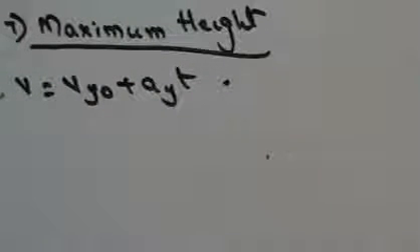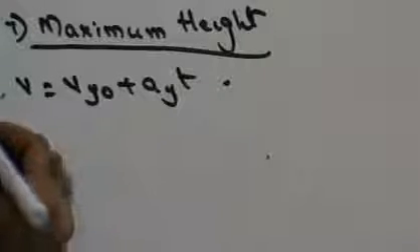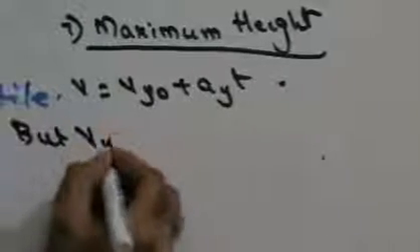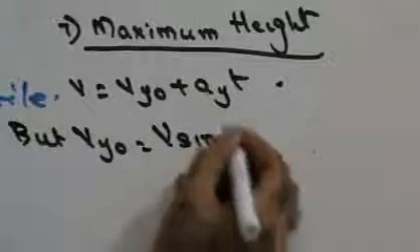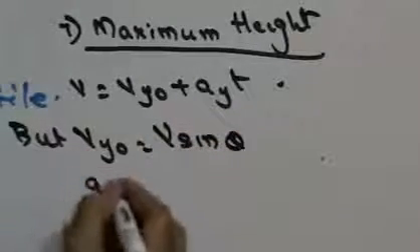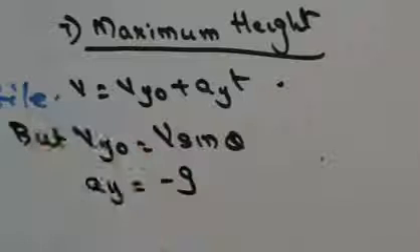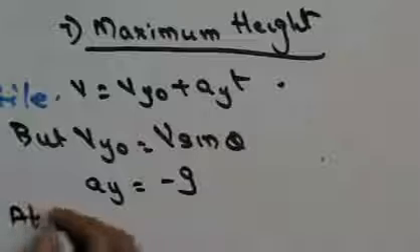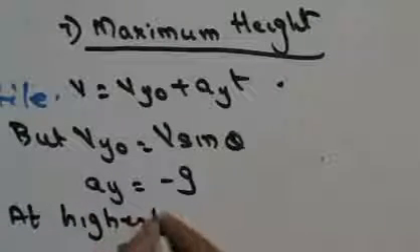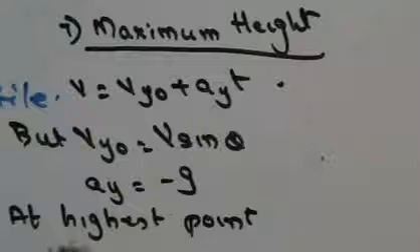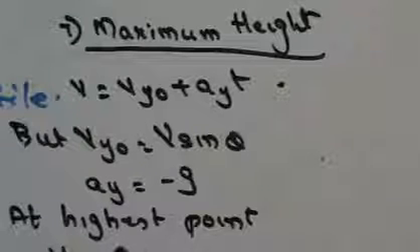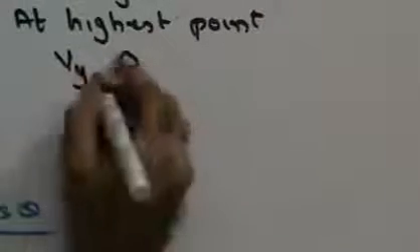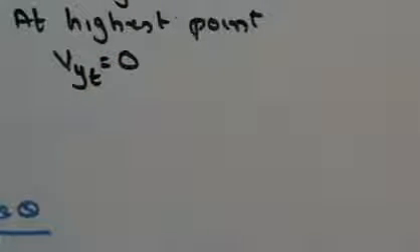Now we know that for an oblique projectile, Vy0 is nothing but v sine theta, right? And acceleration along the y-axis is minus g. Also, at the highest point the velocity will be equal to 0, that is, after time t when the body reaches the highest point.